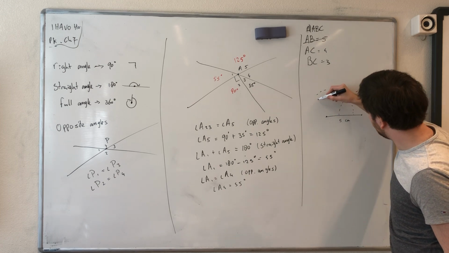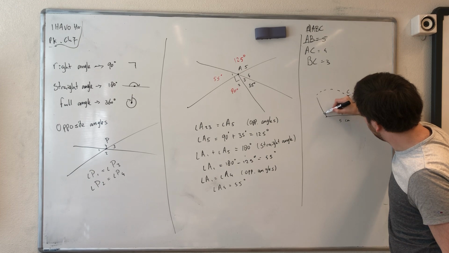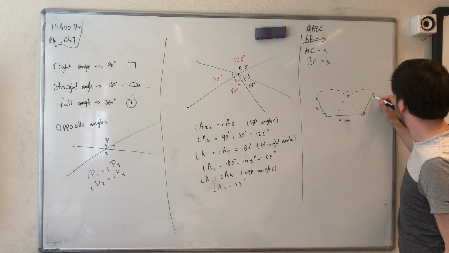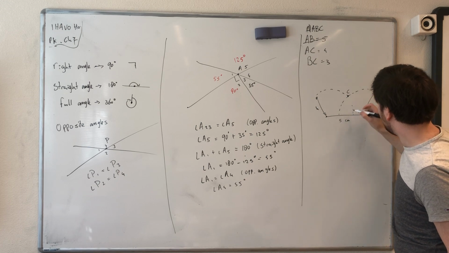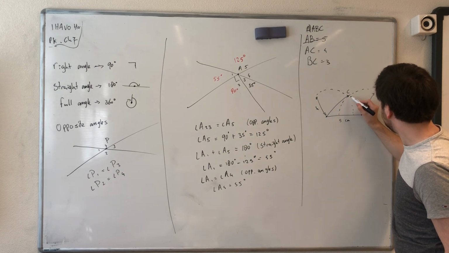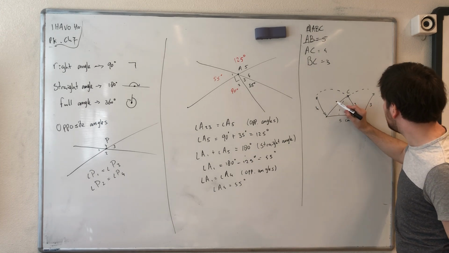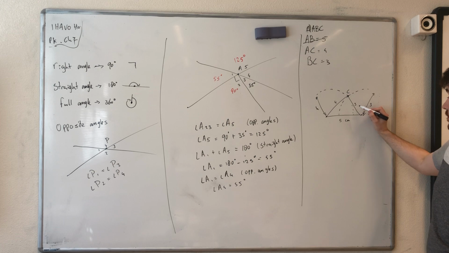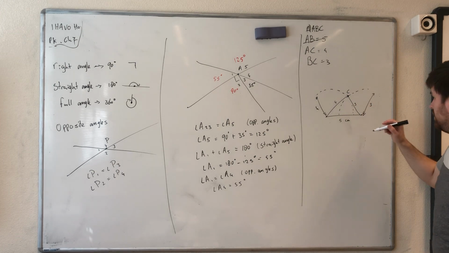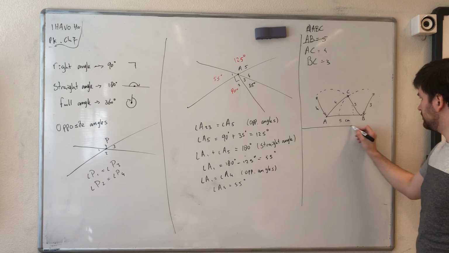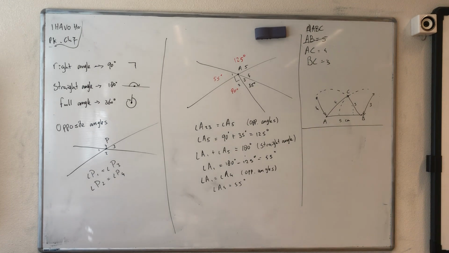So this circle was 4 centimeters, this circle was 3, and then they intersect over there, which means that this line was 3, and that one was 4, and this was point C. This is something that we also did a lot, so hopefully when you see this it comes back.